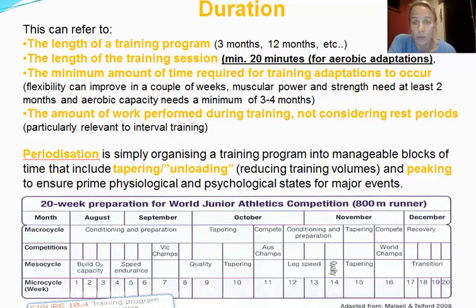What's important to understand is that to bring about chronic adaptations, they're the long-lasting changes. If we're training the aerobic system, we need to train for a duration of a minimum of 20 minutes. So that's, I guess, your guideline for how long to make your training sessions.